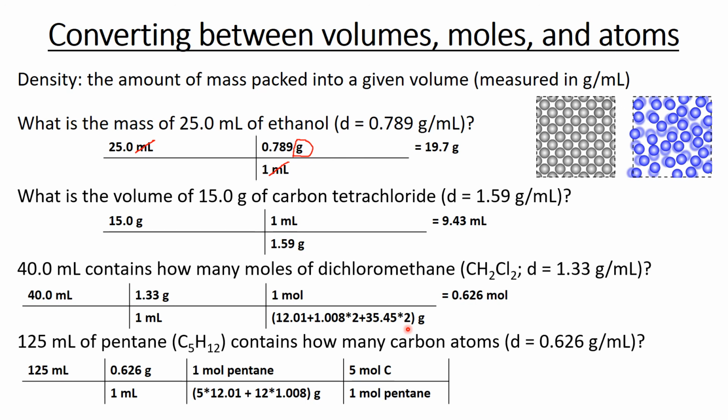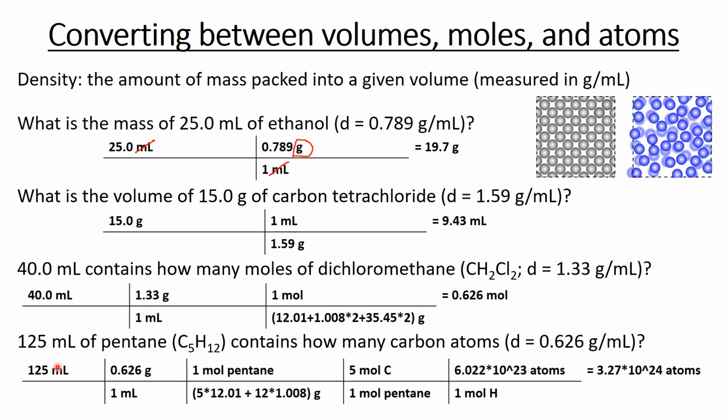And then we need to convert moles of carbon into carbon atoms. And to do that, we use Avogadro's number. So when all is said and done, 125 milliliters of pentane is 3.27 times 10 to the 24 carbon atoms.